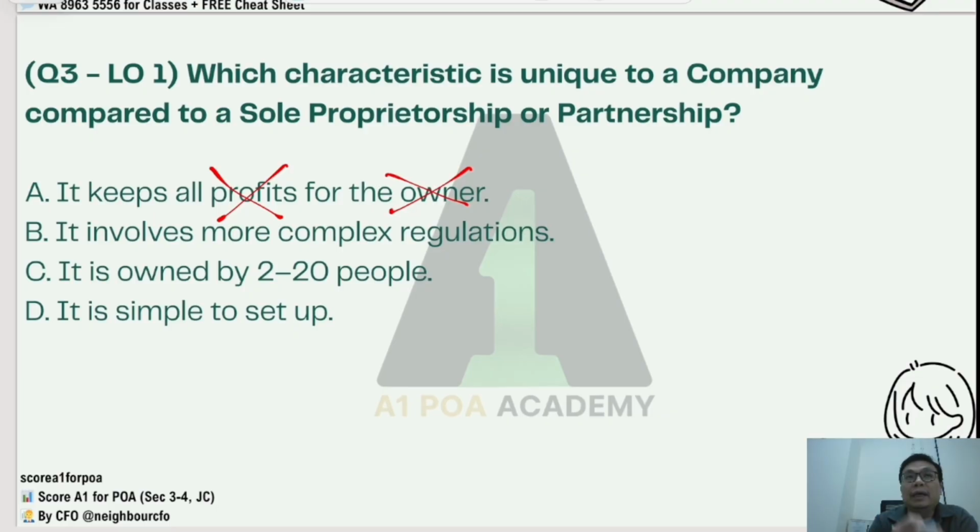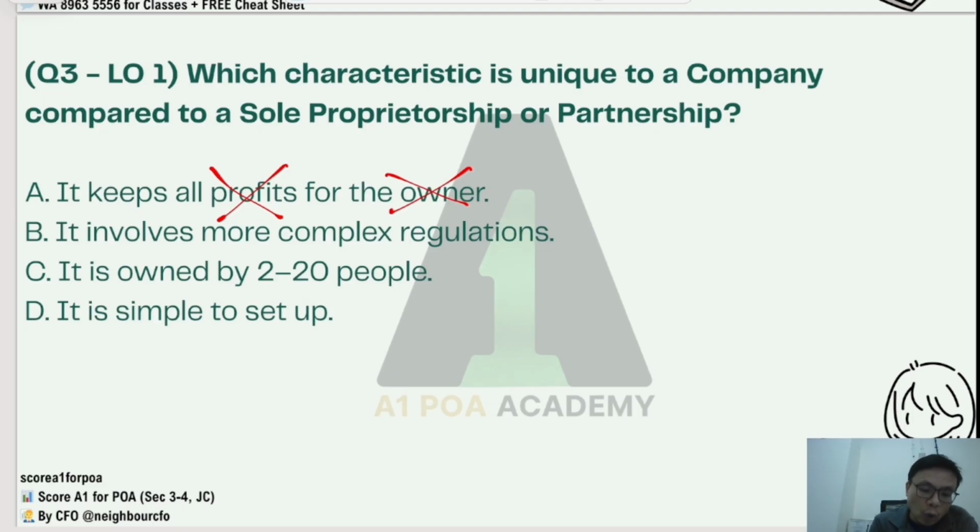Because it needs to pay tax, it needs to ensure that it keeps proper books of accounts for the purpose of compliance with all those tax filings, all those annual return requirements, and therefore it involves more complex regulations. So B seems to be the correct answer, but let us confirm by looking at C and D.